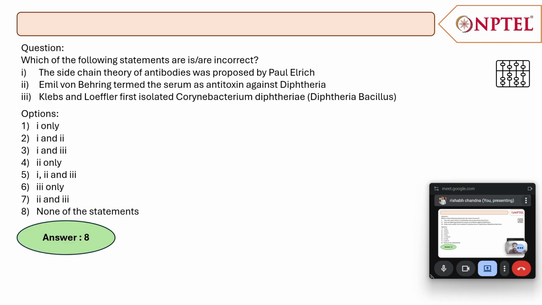So let's see. The side chain theory of antibodies was proposed by Paul Ehrlich. Yes, this is correct. Then Emil von Behring termed the serum as antitoxin against diphtheria.